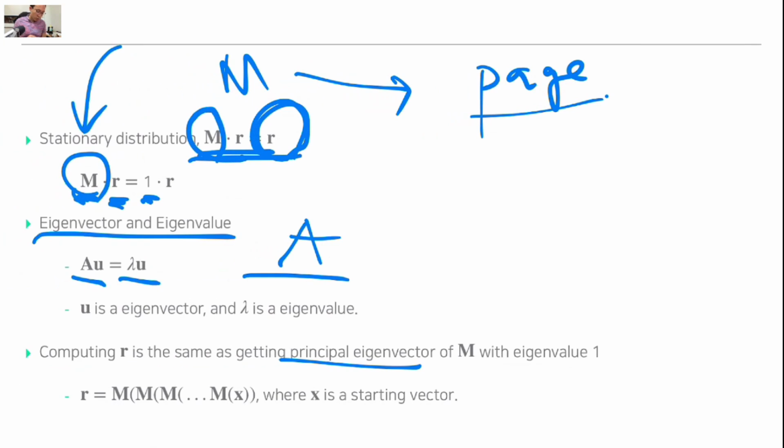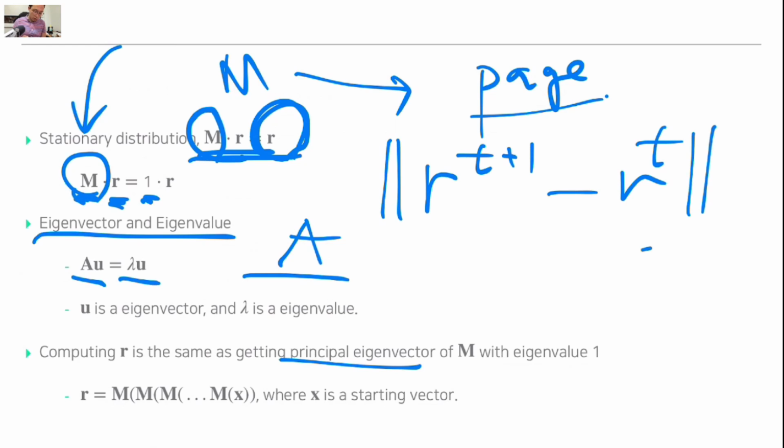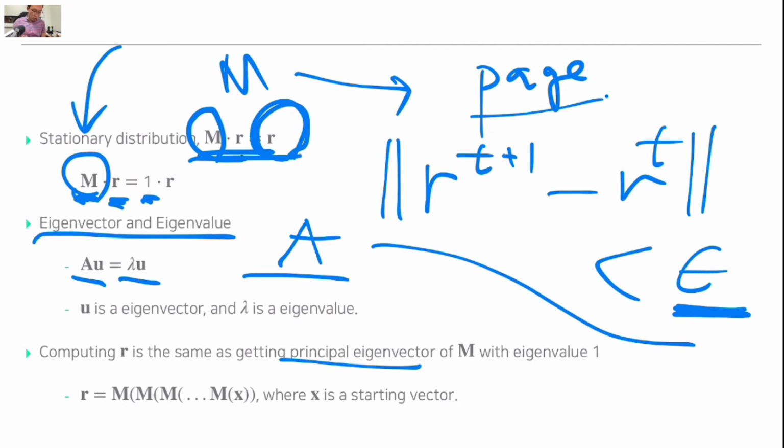So we just consider R at t plus 1 minus R at t. When the difference is smaller than some predetermined constant epsilon, we say the R has converged, so R follows the stationary distribution, right?